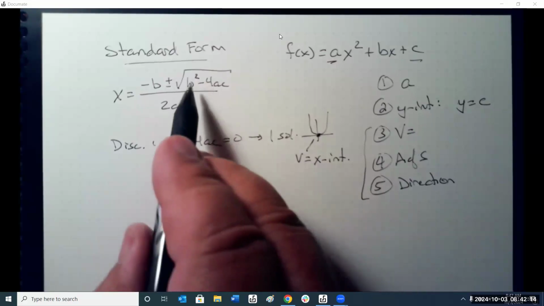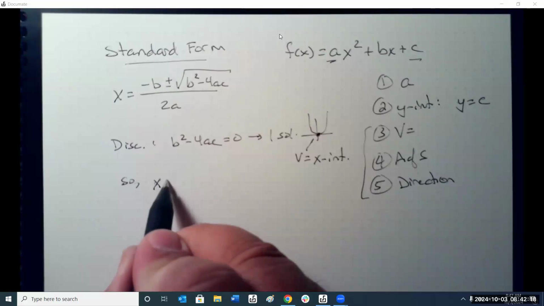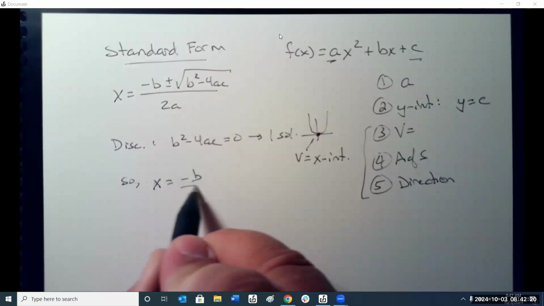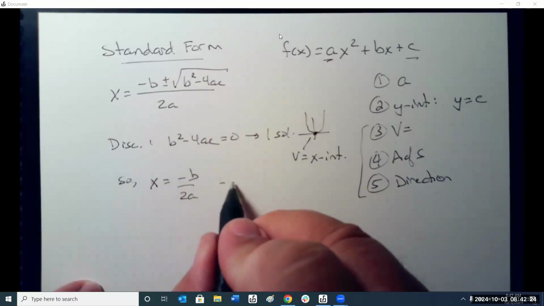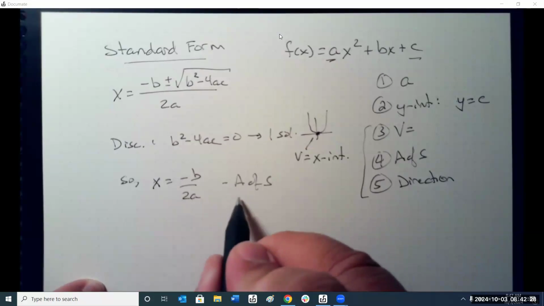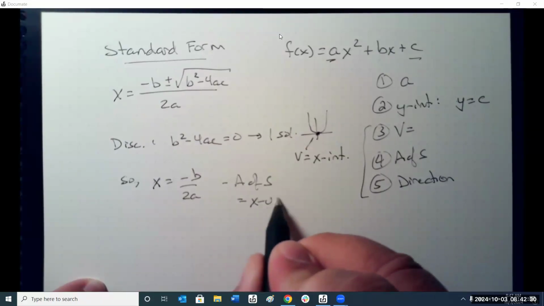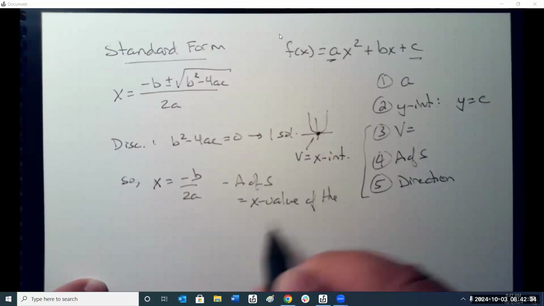So if we set this equal to 0, our x value becomes that. That's the axis of symmetry, or the x value of the vertex.